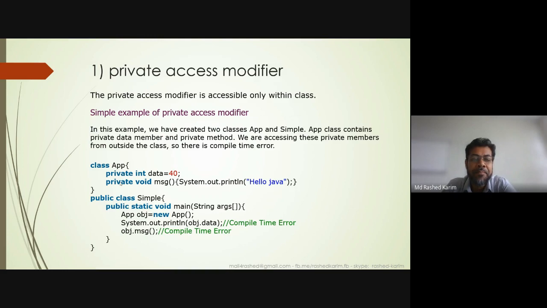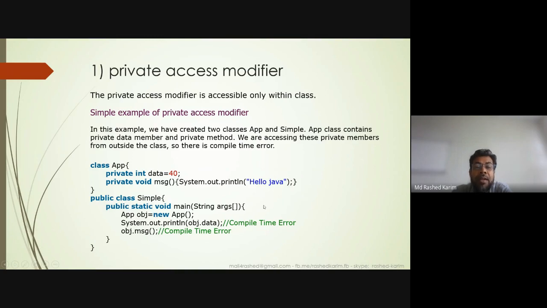So you see, I am creating an app class that has a private property, but inside the simple class, I just want to use this method. There's a compilation error because this method is private, totally private. You cannot get access from the outside world.